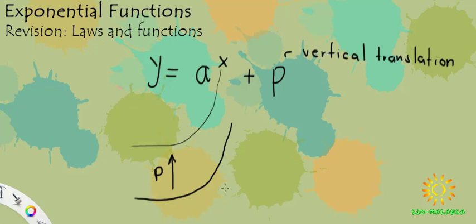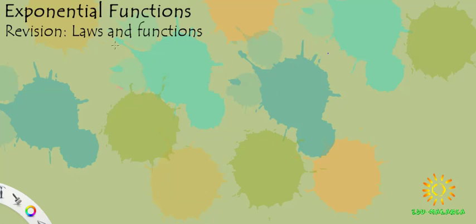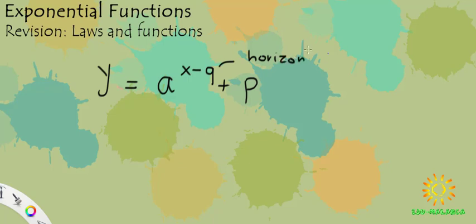The next kind of translation that the graph can also have on top of this one, so we'll keep this equation, we can have y is equal to a to the power of x plus p. We can get minus q on our power, and what does this do? It causes a horizontal translation.